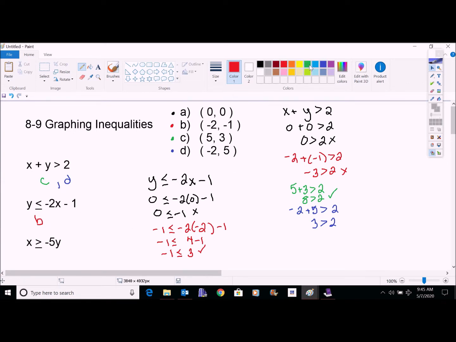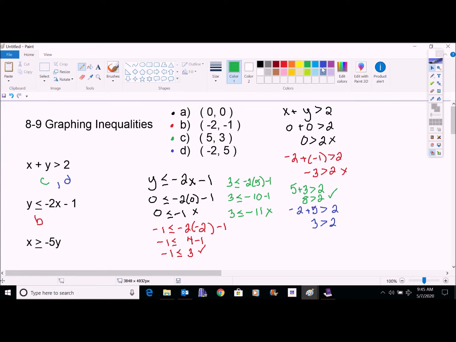Let's check out C. X, Y, X, Y. So I need to check to see if 3 is less than or equal to -2 times 5 minus 1. 3 is less than or equal to -10 minus 1. 3 is less than or equal to -11. Nope, that one does not work.